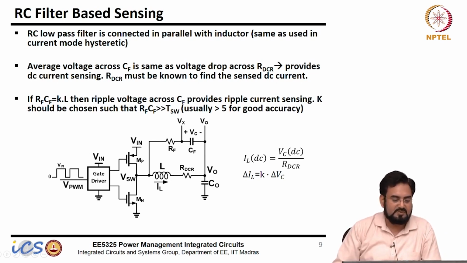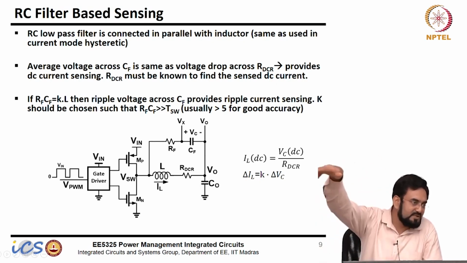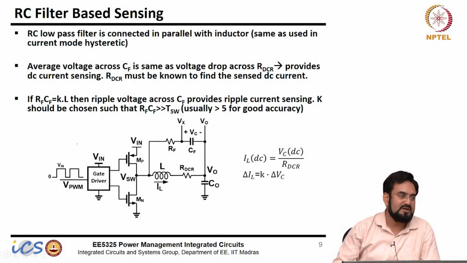Okay. So if you choose RF CF equal to K times L, then the ripple voltage across CF provides the ripple current sensing, and K should be chosen such that RF CF is much larger than TSW, because we are looking for a triangular waveform, not exponential. Okay. We don't want to have any non-linearity, because we are replicating the inductor current into the ripple voltage here.